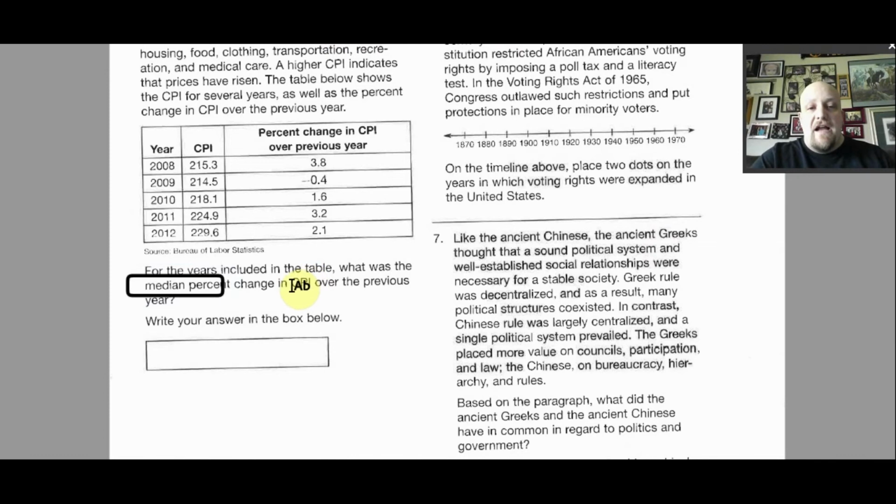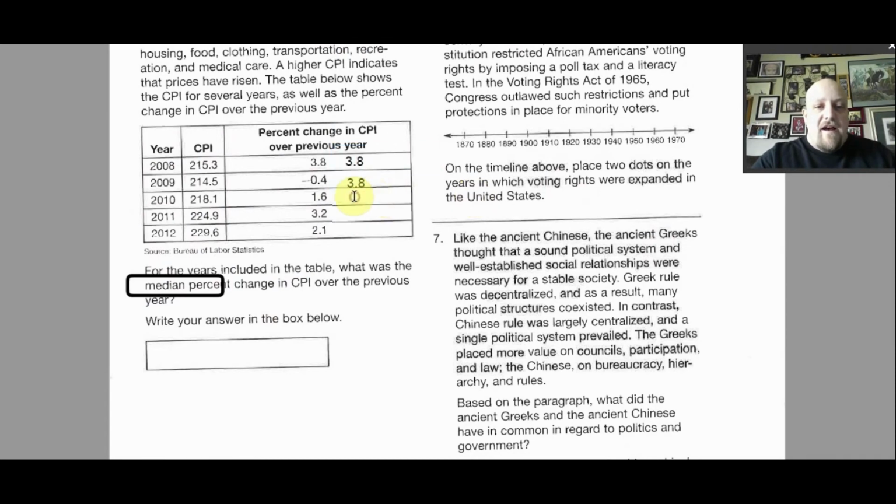To do that, all you have to do is ignore this, ignore this. Basically, you just want to go from the most expensive to the lowest, and you're going to put these in order. So your highest is 3.8. Next highest is going to be 3.2.